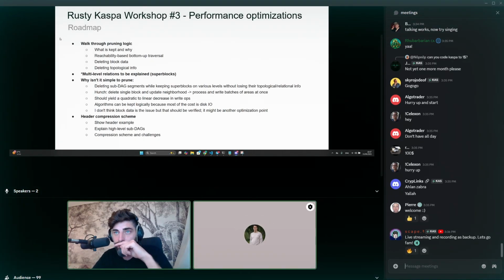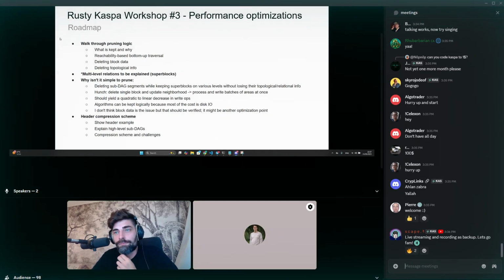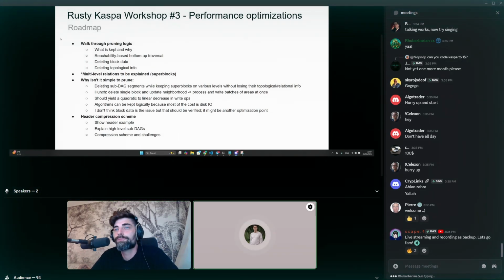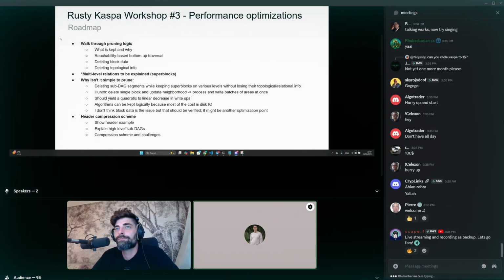I'm going to try not to go too much into things like reachability internally, covered in the previous workshop, but we will need to understand more or less what's happening when we prune a block in terms of the topology around it. I never benchmarked.